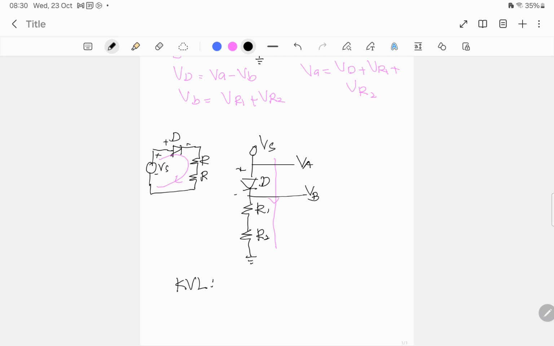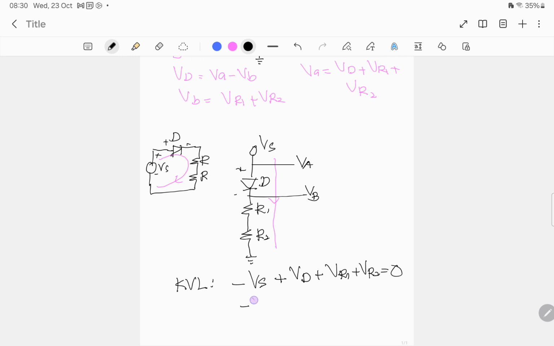How do we do the KVL? Minus VS plus VD plus VR1 plus VR2 equals 0.